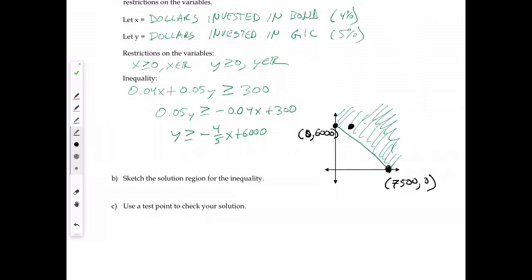So I'm going to substitute that point in, and I'm going to say, if I have 0.04 times 1,000 plus 0.05 times 6,000, is that in fact greater than or equal to 300? Well, this is going to give me 40 plus 300 is greater than or equal to 300, or 340 is greater than or equal to 300, which is true, and I know that everything works.